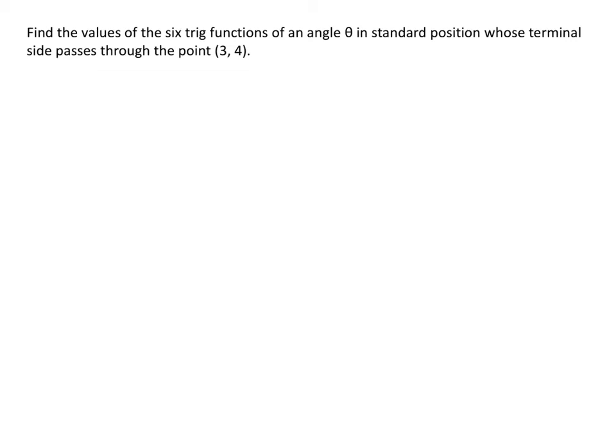For this next example, I need all 6 trig functions. My x is 3, my y is 4, I have to calculate r. So r, I know, is the square root of 3 squared plus 4 squared. That's the square root of 25, which is 5.